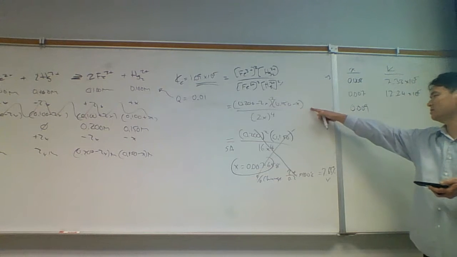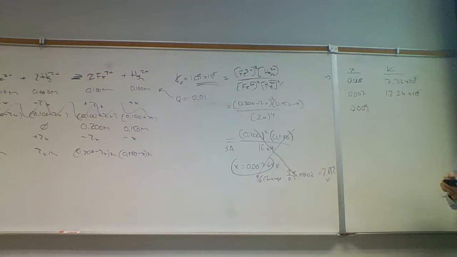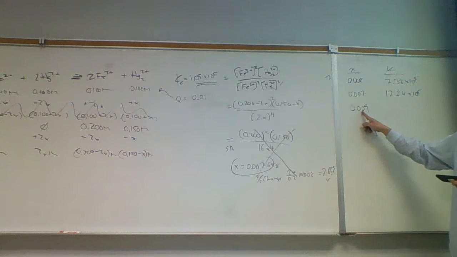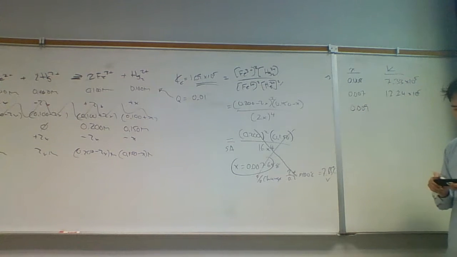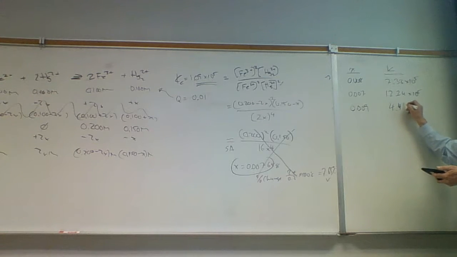But it's all right. Let's just do this one. 150 minus 9 is going to be 141 times 0.141 divided by 0.018 to the fourth. .44 times 10 to the fifth.